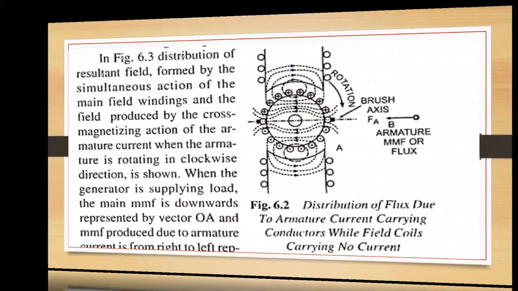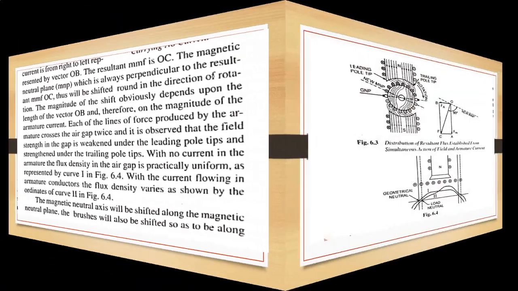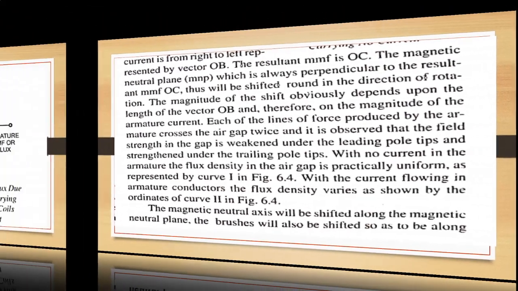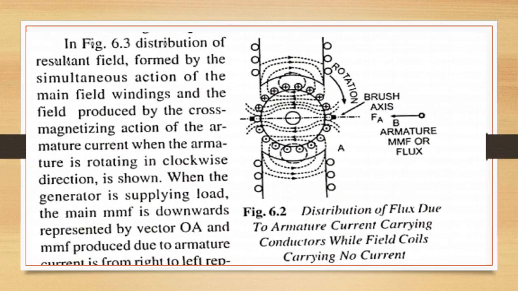In another figure here, you can see the distribution of resultant flux established from simultaneous action of field and armature current. This is the distribution of resultant field formed by simultaneous action of main field windings and the field produced by the cross magnetizing action of the armature current when the armature is rotating in clockwise direction.